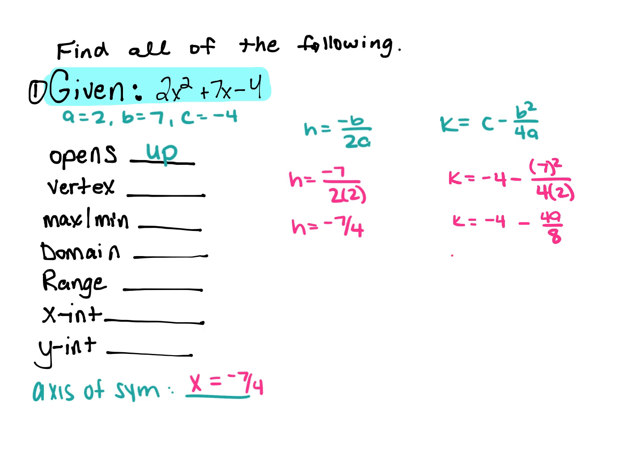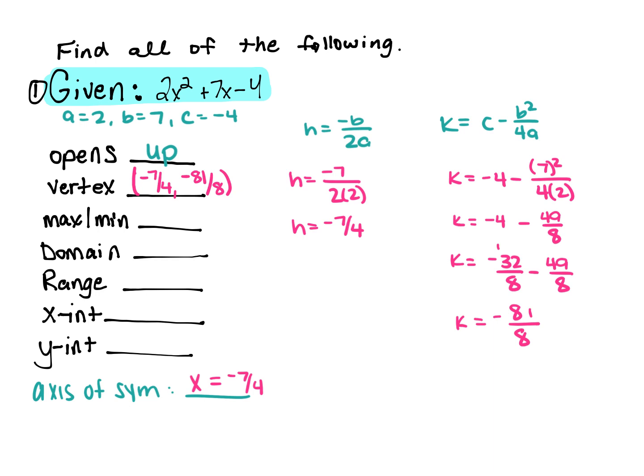So that's going to give you k is equal to negative 32 over 8 minus 49 over 8. The negative 32 and the negative 49 have the same signs, so keep the sign and add the numbers. So this is going to give you a k of negative 81 over 8. So your vertex is the ordered pair, negative 7 over 4, comma, negative 81 over 8.